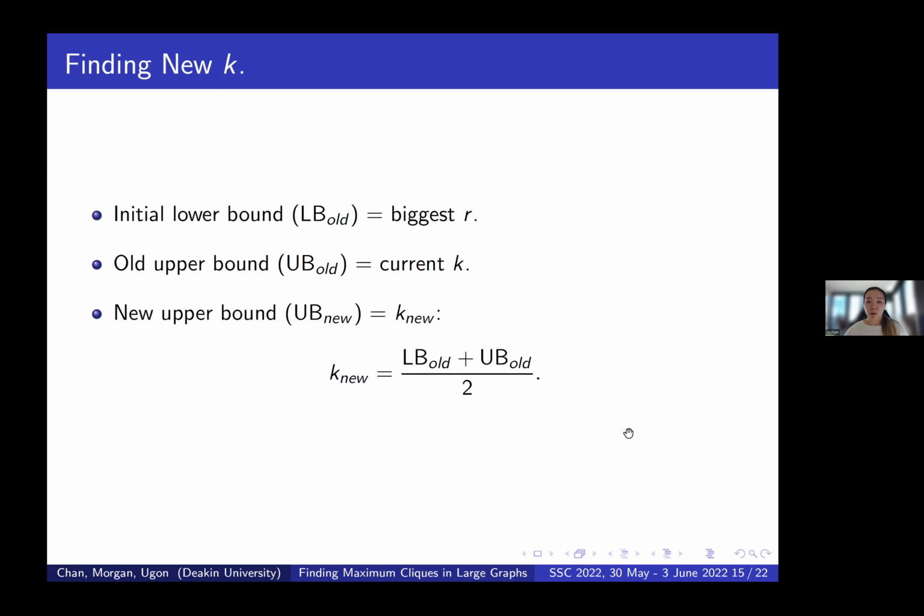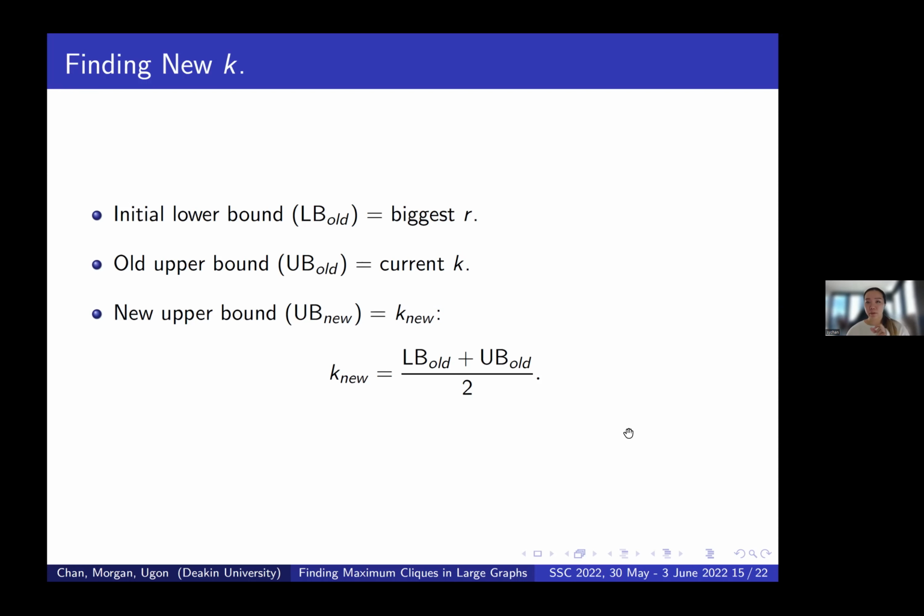To find the new upper bound, we use the binary search method where we keep adding and halving, and we keep repeating this process until we find a suitable K. So if we apply the reduction with the new K and it returns the same graph, what it's saying is that the K value is too small, so we're not reducing the graph at all. Then we just repeat this process until we're able to find some sort of reduction.